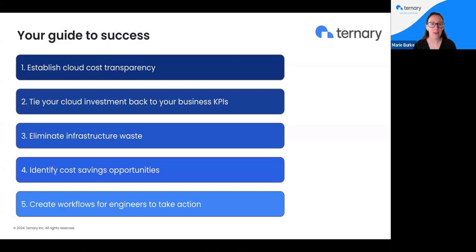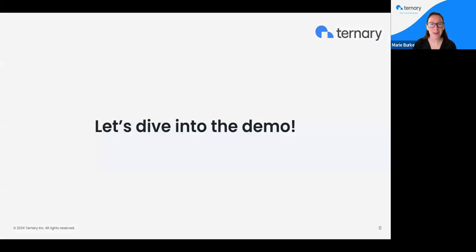It's one thing to have all these reporting capabilities, but if you're not going to take action or glean any actionable insights from them, then what's the point? And so with Ternary, we have workflows in place. We refer to this as case management to help facilitate that action and increase that collaboration across teams. And so with that, I'm going to hand things over to Hayden so he can dive into the demo.